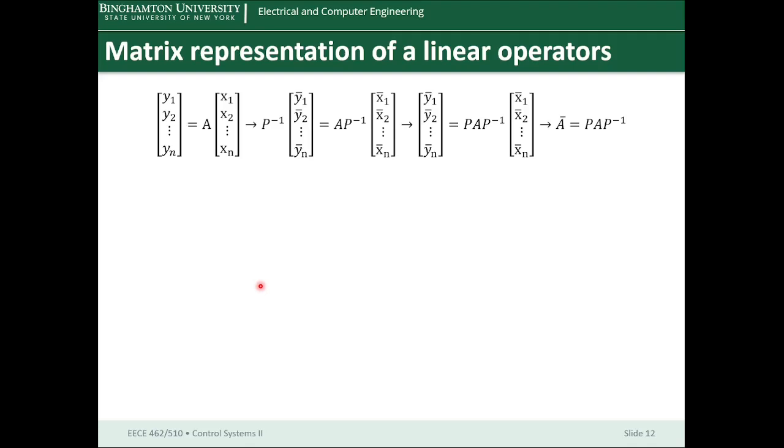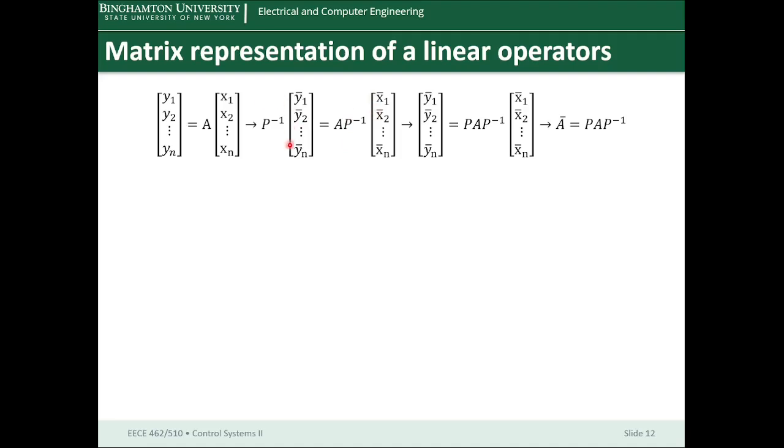Specifically, x equals P inverse times x bar and y equals P inverse times y bar. So let's substitute this into the equation y equals Ax. On the left hand side, instead of y, we write P inverse y bar. On the right hand side, instead of x, we write P inverse x bar.